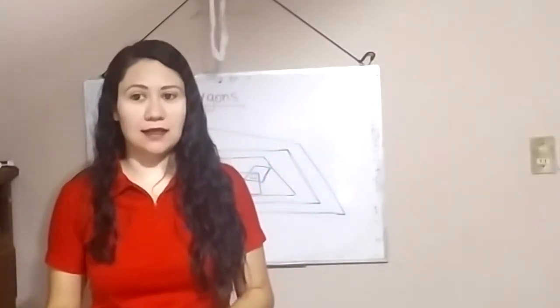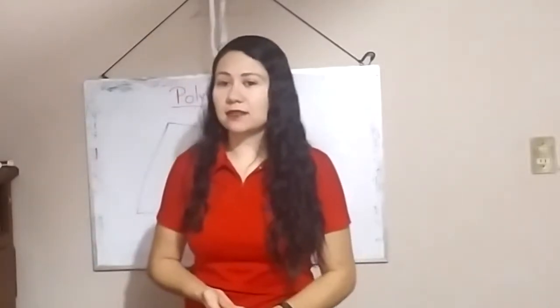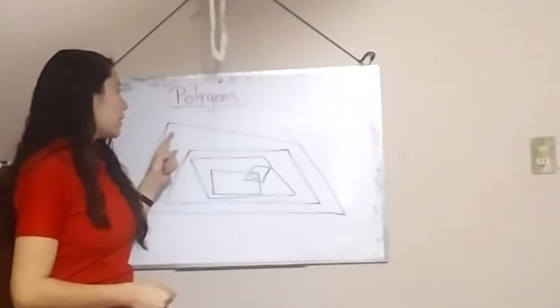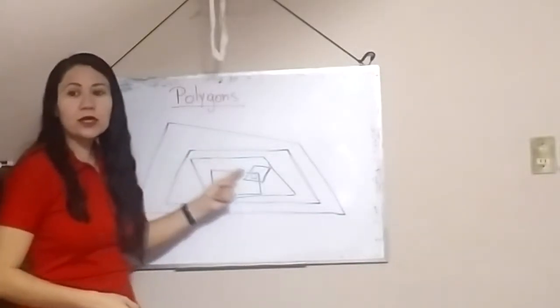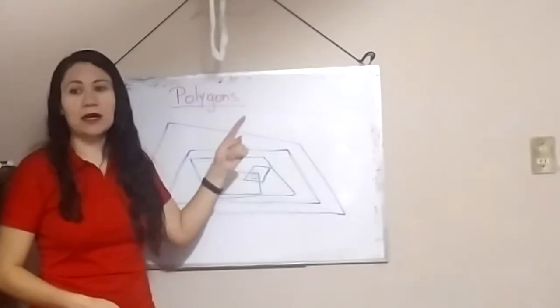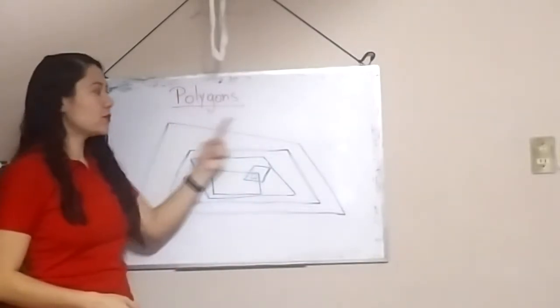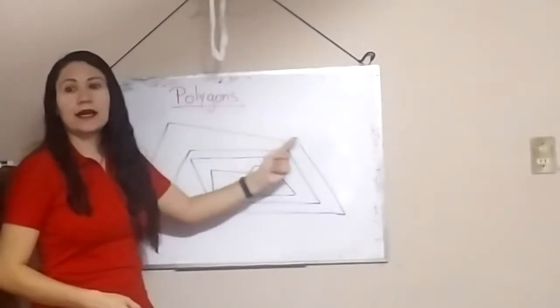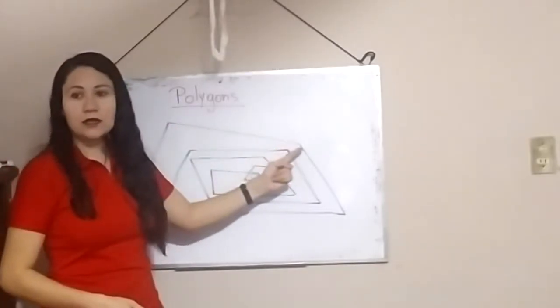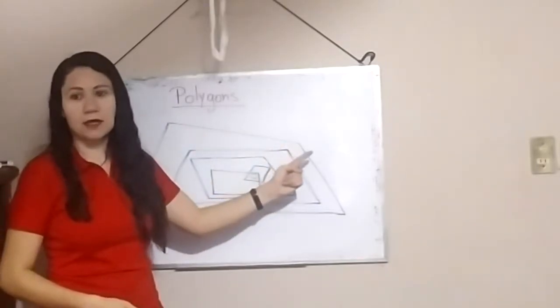Next, we will talk about diagonals. What are diagonals? Diagonals are a segment that goes from one of the vertices to another that is not adjacent to it. Remember, adjacent means that they are next to each other, okay? Adjacent vertices are already joined by a segment, okay?